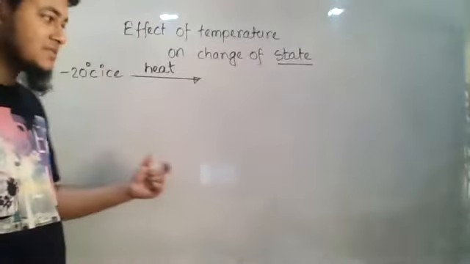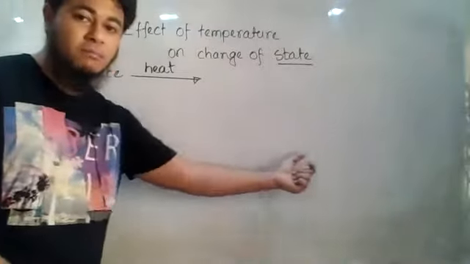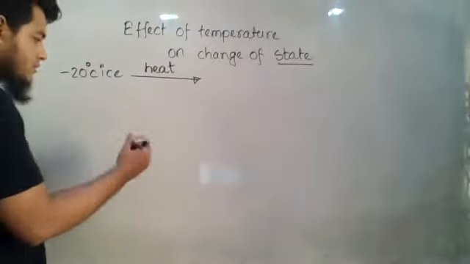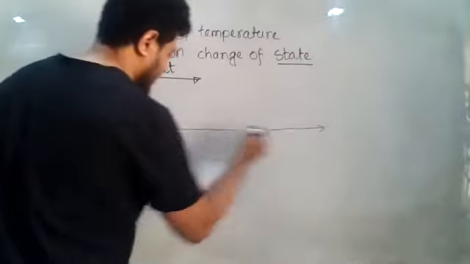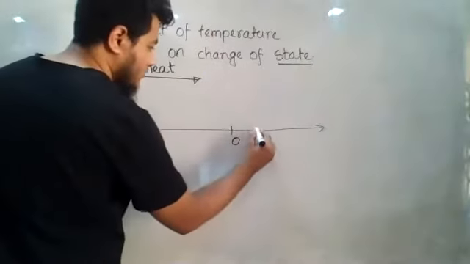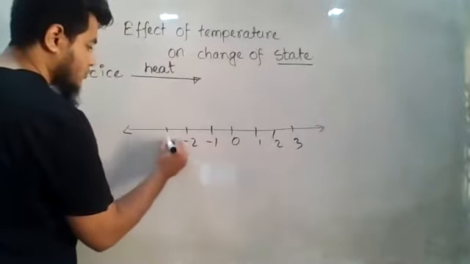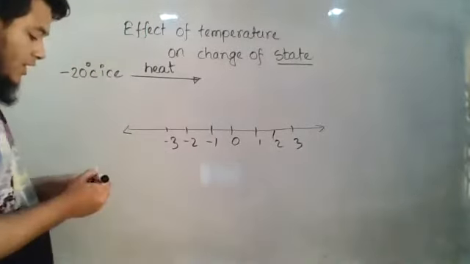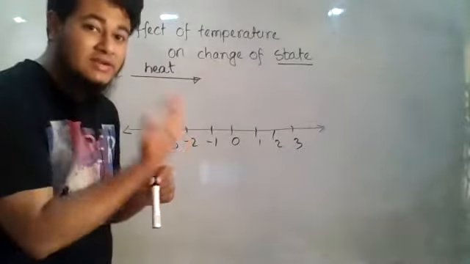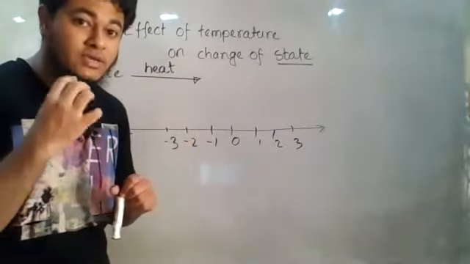Okay, it is easy to understand if you check it on the number line. I hope you are all familiar with the concept of the number line. Here it is 0, 1, 2, 3, and -1, -2, -3. Any number on the right side is greater.